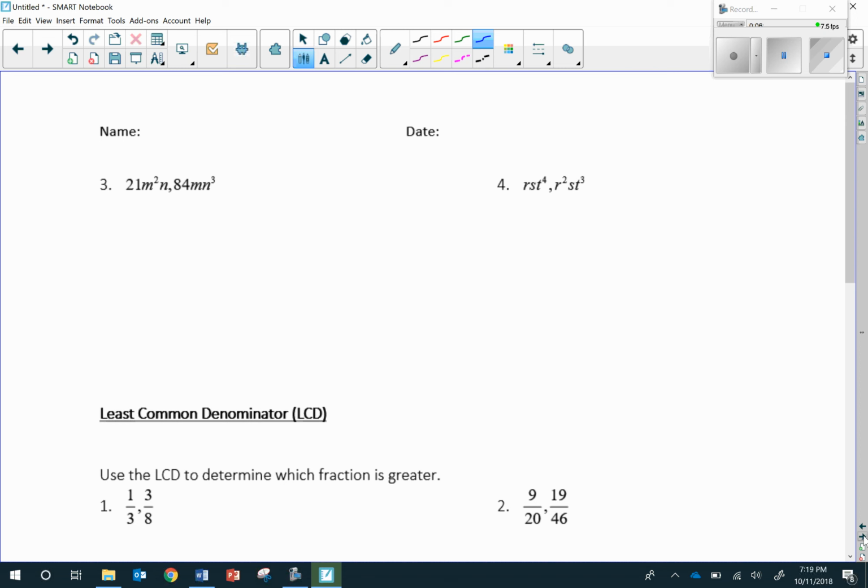All right, another example. We have two monomials here, 21m squared n and 84m n cubed. Let's go ahead and find the LCM of 21 and 84.